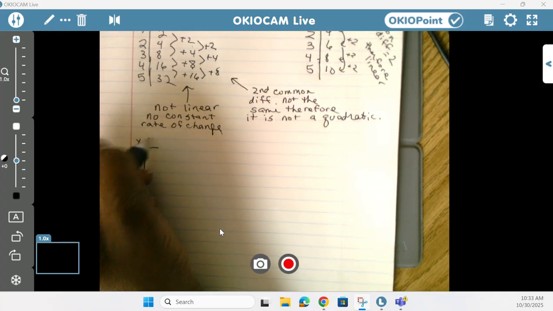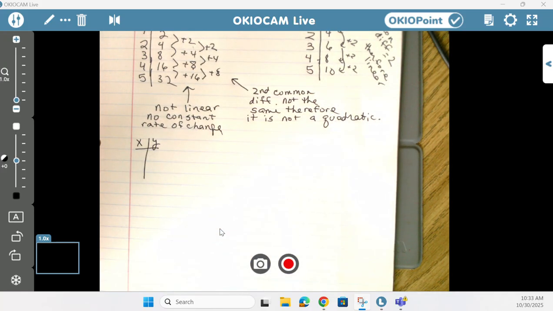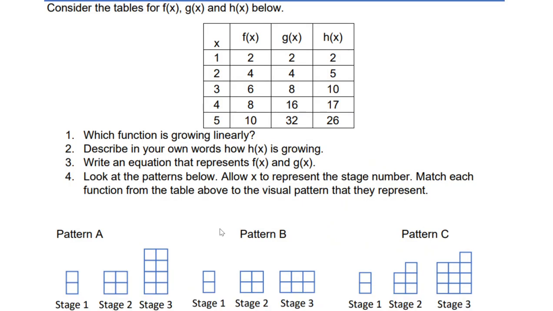Alright, so here it is. The XY table. I want you to see the sequence that we were working with. It's the h of x one, where we have 2, 5, 10, 17, and 26. Okay? We're going to put this on a table: 2, 5, 10, 17, 26.